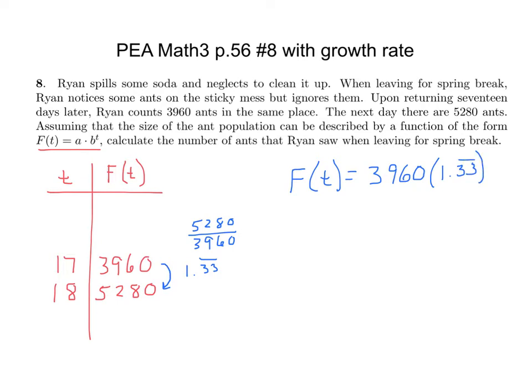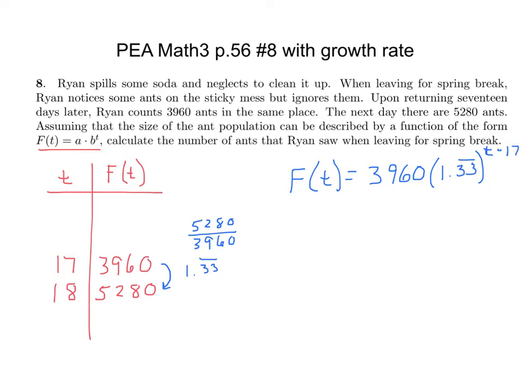Now the trick is, what do I put as my exponent? Negative 17. I like this idea. I want that because when I plug a 17 in here, I want it to be 3,960. So I think what I would do is put in a t minus 17 as your exponent.